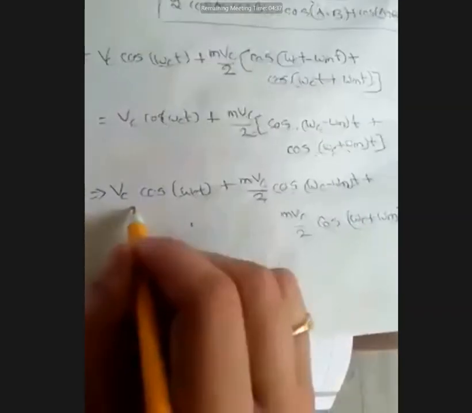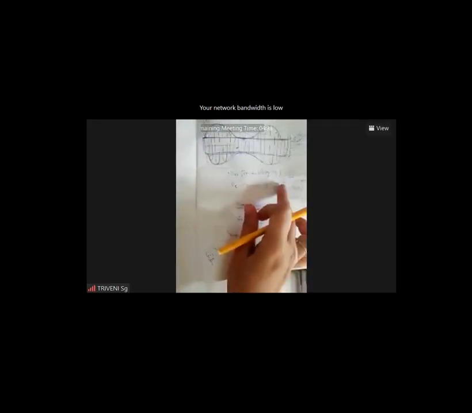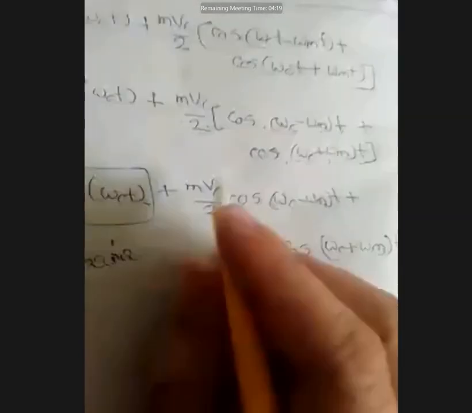Okay, very simple if you go step by step. Now look at this equation. VC cos omega ct, as I said at the start, is the equation for the carrier, small vc. So carrier wave, plus again we have two terms, omega c minus omega m. If you go for the spectrum, in this we have three terms.